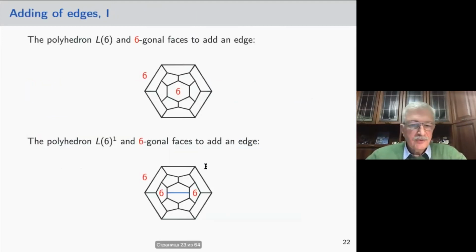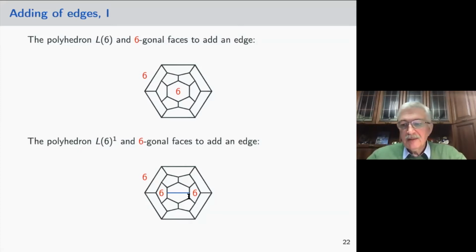So you can start from a polyhedron which has 6-gonal faces, so this L6 from the Löbell family, and you can add a new H to these 6-gonal faces, so to the top or to the bottom. Up to symmetry, you can choose the top, and in the new polyhedron you just add a new H, which is blue here, and now you have more 6-gonal faces.